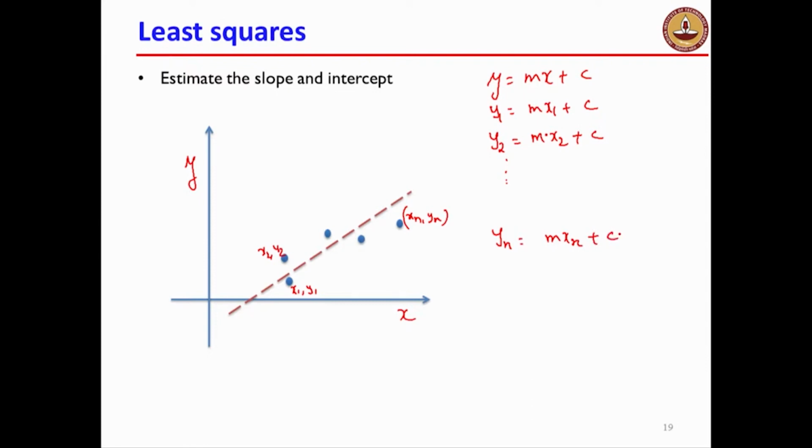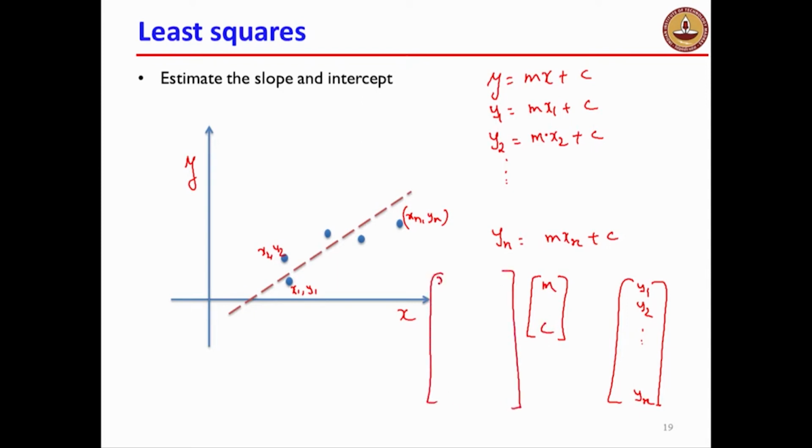So let me take all of this and write it, let me take all the y's and put it down in one vector on the right hand side as y1, y2, all the way up till yn. And the left hand side also, there are two unknowns over here. So I'm going to write this as m c, x1, x2, all the way up till 1.